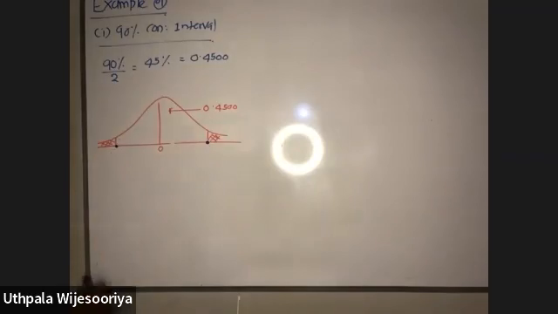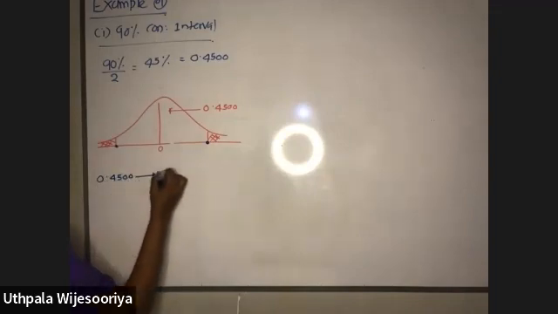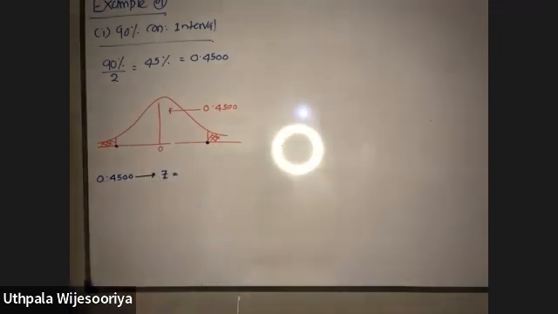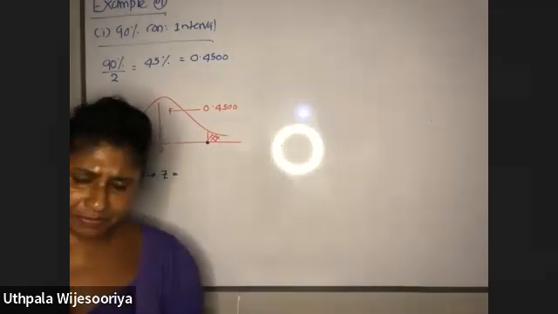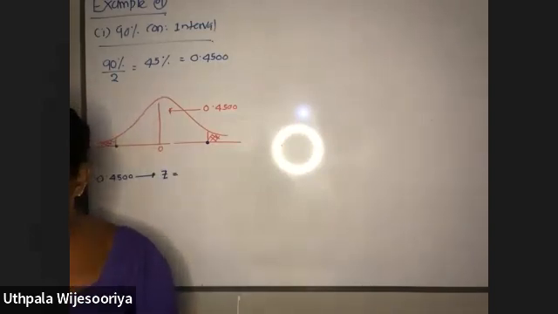Now refer to your normal distribution table and find the Z value for the area closest to 0.4500. There is no exact value here, so look for the Z value where the area is about 0.45. Follow your normal distribution table and tell me the number. It is 1.65.